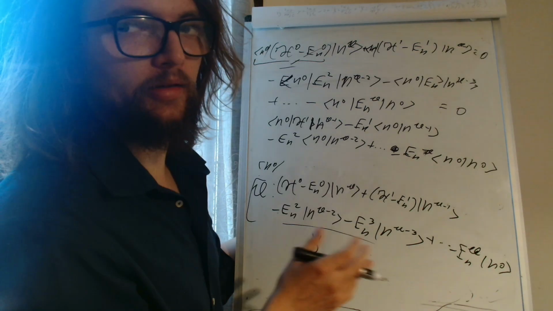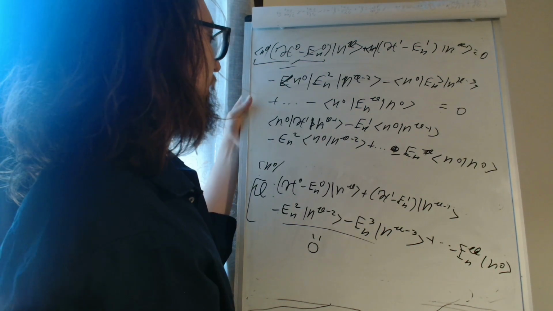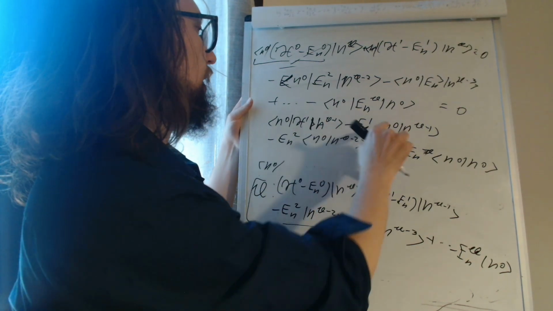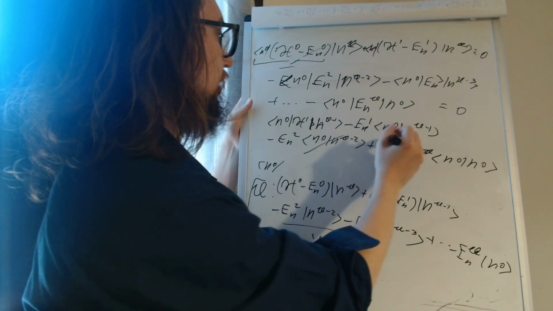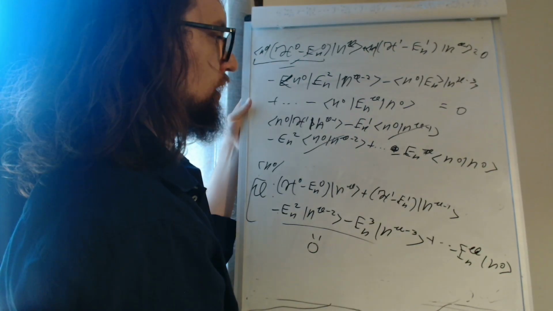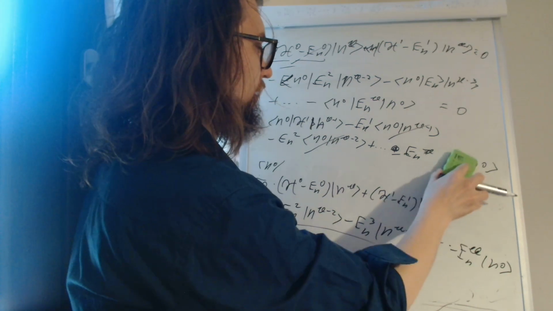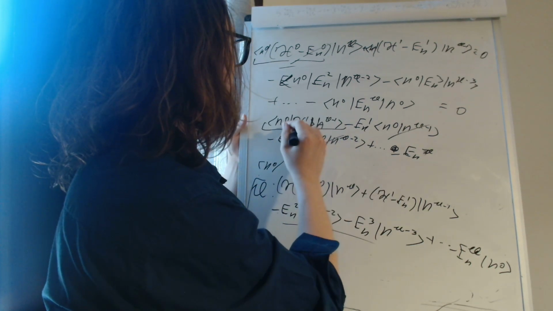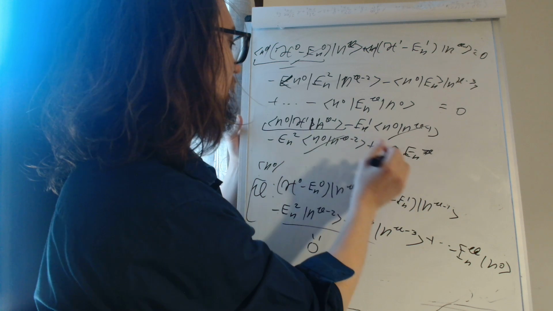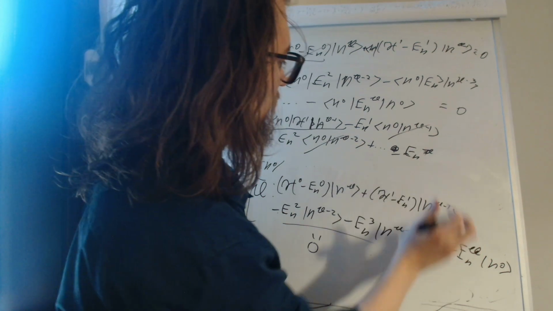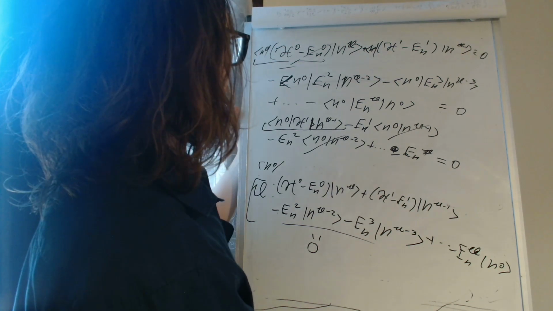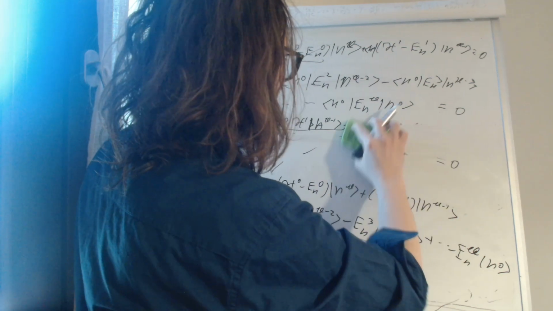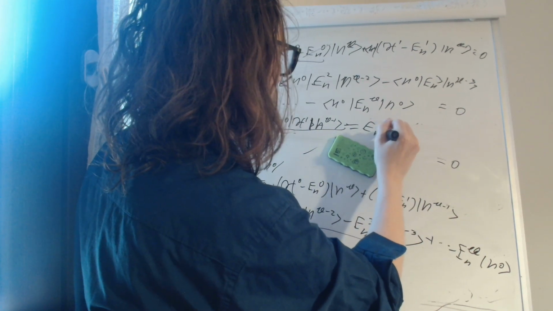Now all these eigenstates are orthonormal, so these products n0 n(k minus 2), n0 n(k minus 1) are all 0 except for n0 n0, which is 1 by orthonormality, and so we get n0 h1 n(k minus 1) minus e nk equals 0, and we write it better like this, equals e nk.